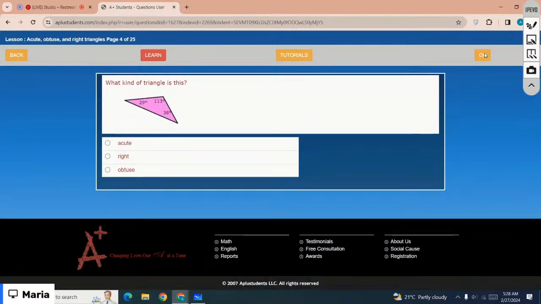Okay, what kind of triangle is this? Acute, obtuse, or right triangle?